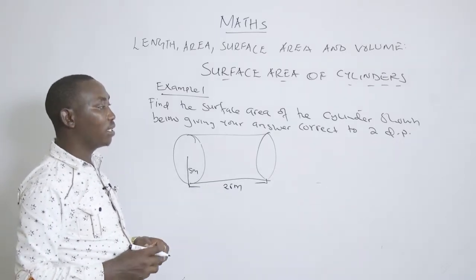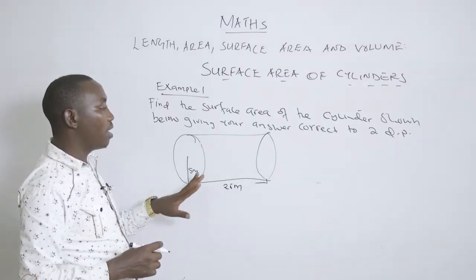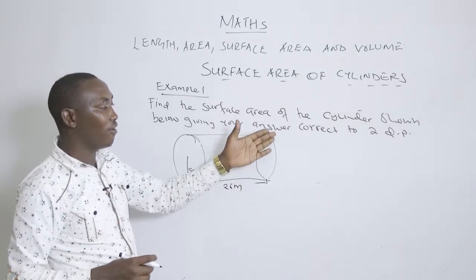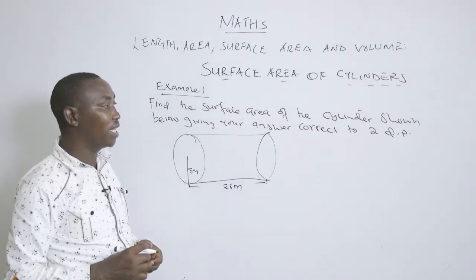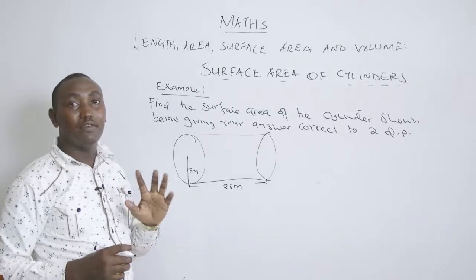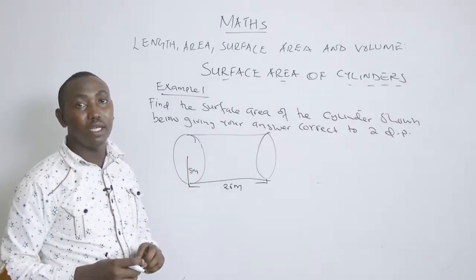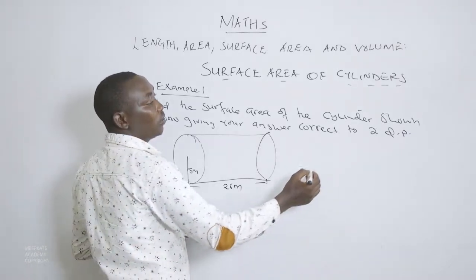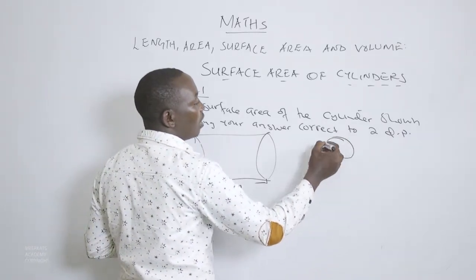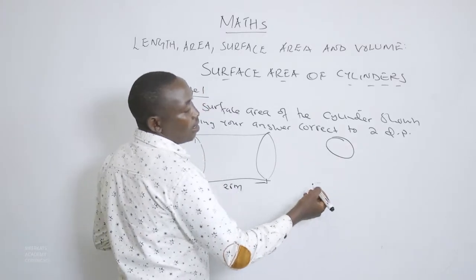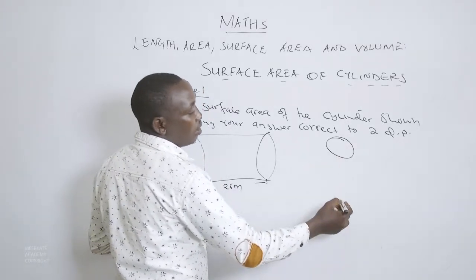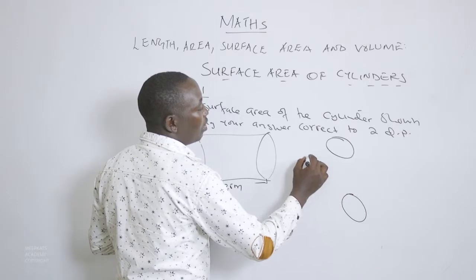In this particular case, we take it to be closed. That is, we have the other side closed, we have this other side closed. So we say that the first thing is to reduce this particular cylinder into its net. And its net, we say that we are going to have the circle part above and below.